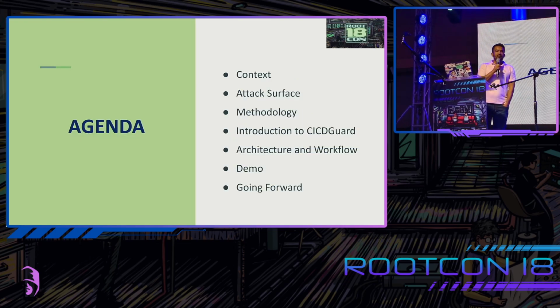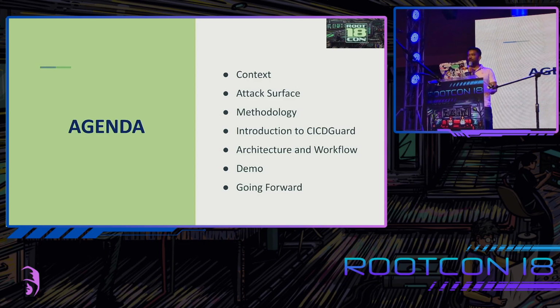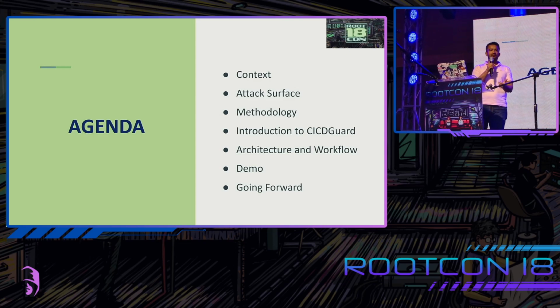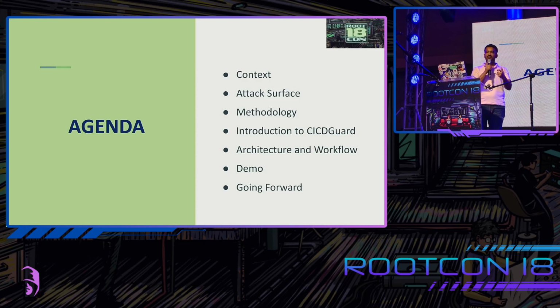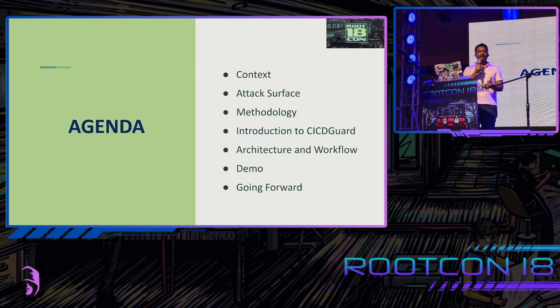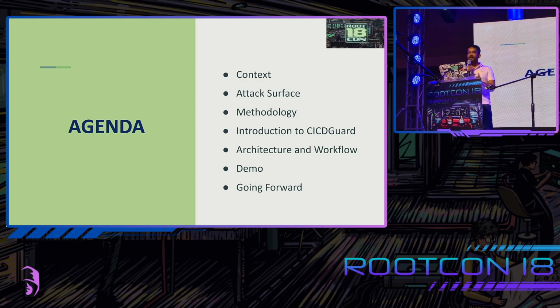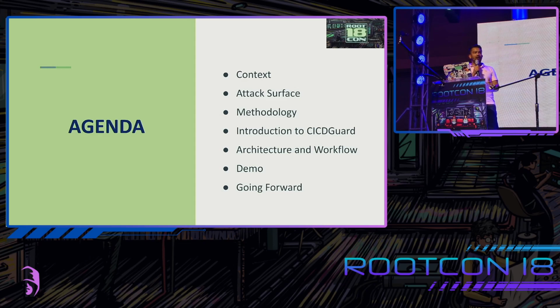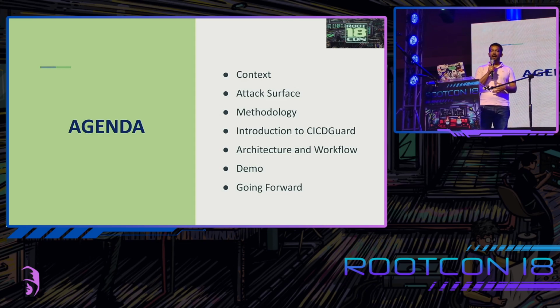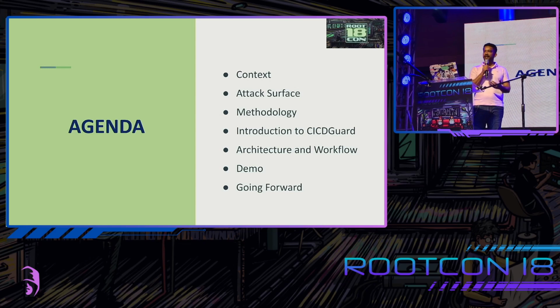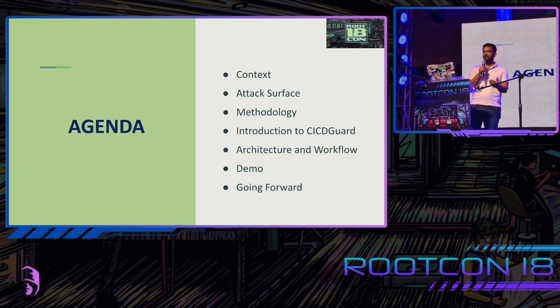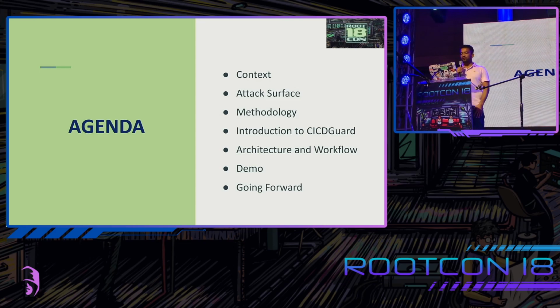So this is the agenda for today. First, I'm going to set the context: why I'm having this talk, what the content is and what the need of it is. What is the attack surface around the CI/CD ecosystem itself? What is the methodology which I have used personally in my organization and that worked for us? There were definitely some learnings, some things worked, some things didn't, so I'm going to share that.